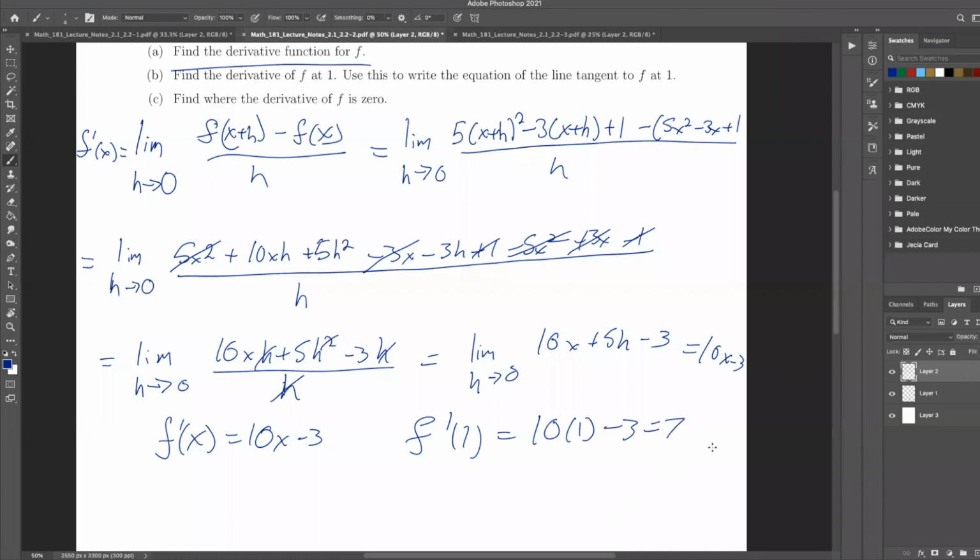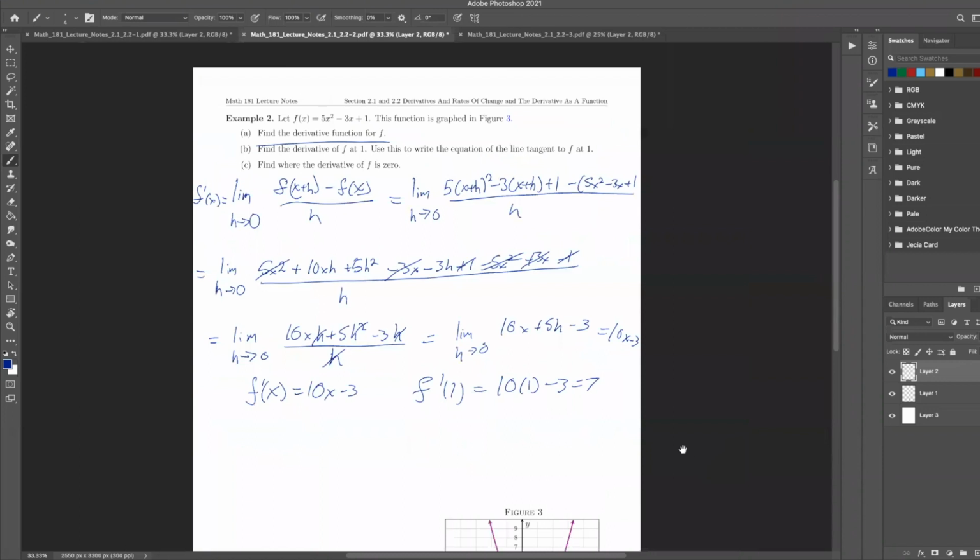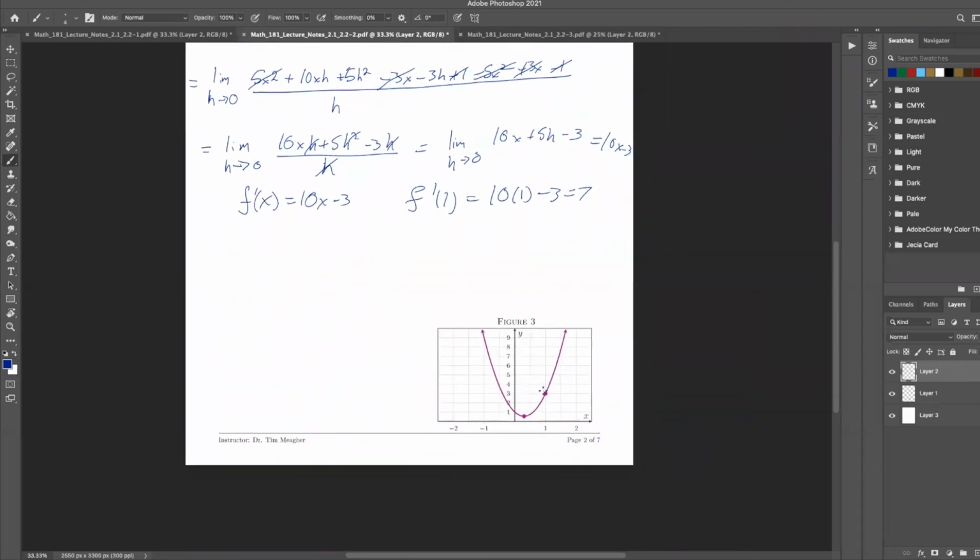All right, so let's zoom down for a little bit. Notice here, I have it at 3. And if I drew in my tangent line, notice the slope of this line is 7.